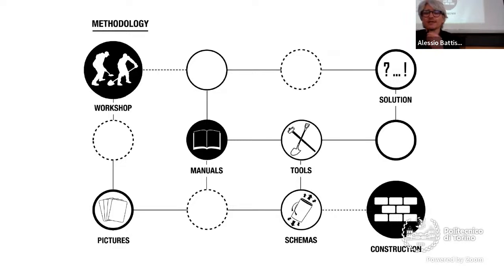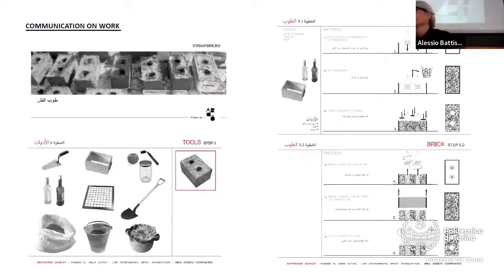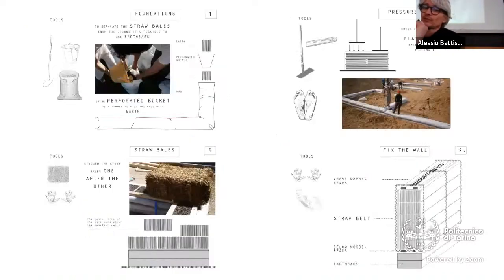And the result of this workshop became a kind of instruction manuals, again, for people that are not totally skilled in the building field and architectural field. So these are some examples, very simple, and should be very comprehensible for people that are not near our culture.